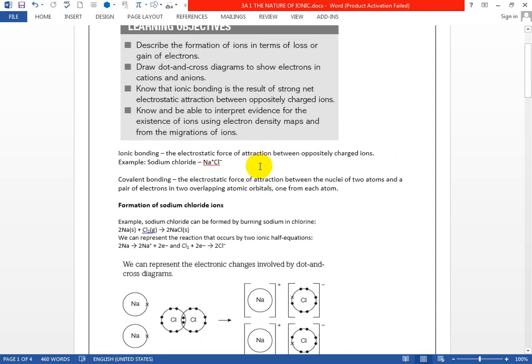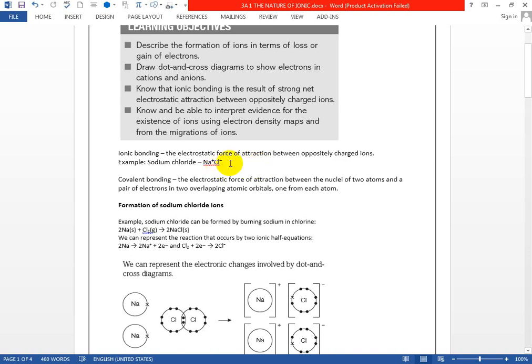Ionic bonding forms between oppositely charged ions, positively charged ions and negatively charged ions. The attraction force between oppositely charged ions is called ionic bonding. This is an electrostatic attraction force.